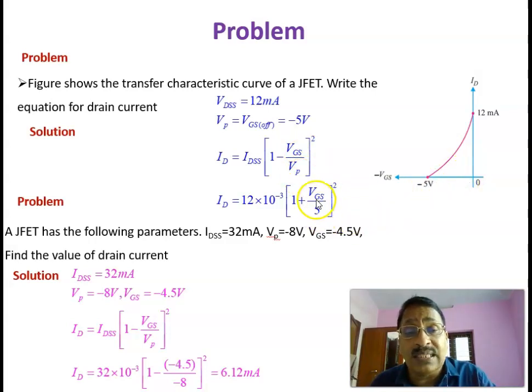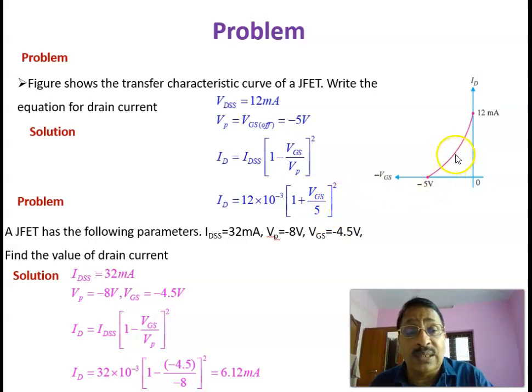Therefore, 1 minus VGS by -5 equals 1 plus VGS by 5, whole square. So the equation for the drain current for different VGS is 12 into 10 raised to -3 into 1 plus VGS divided by 5, whole square.